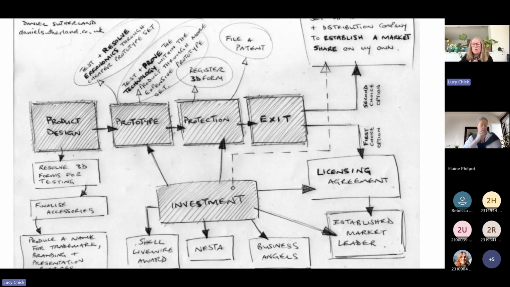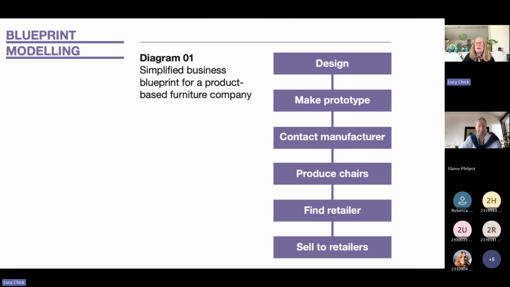Also, you might just do a very sketchy, messy kind of mind map drawn version of how you think your business works. And this is really interesting. If we go back to this one, it's very linear, isn't it? There's a start and then it goes step by step through each stage.